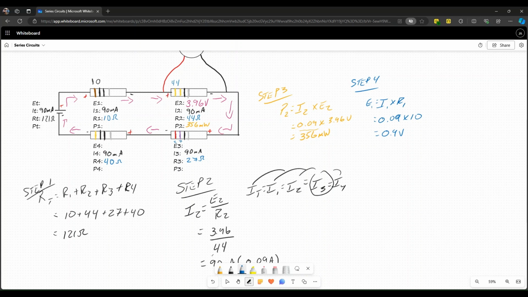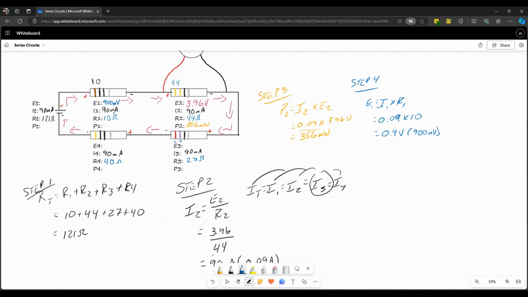I better double check that. I know it's pretty obvious, but I need to double check. It's just getting to be a long day. 10 times 0.09. Yes. So 0.9 volts, which is also equal to 900 millivolts.